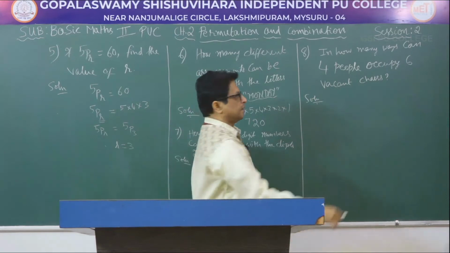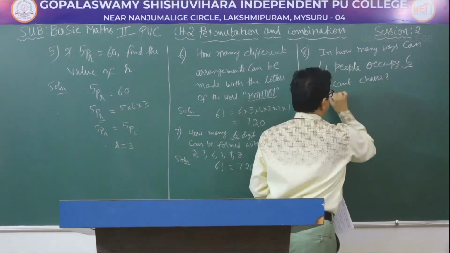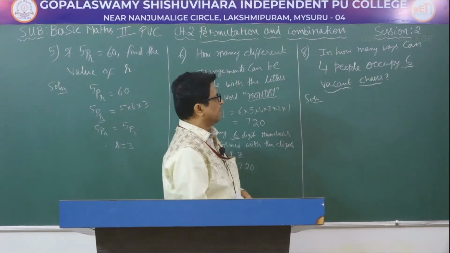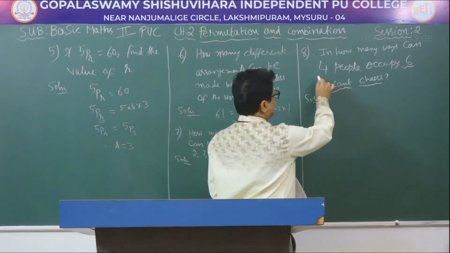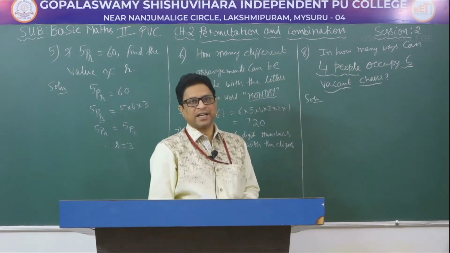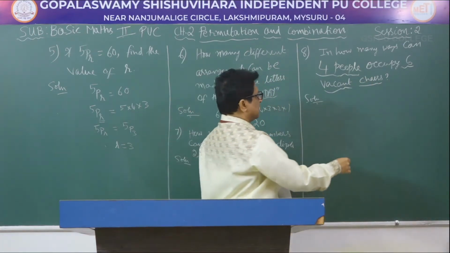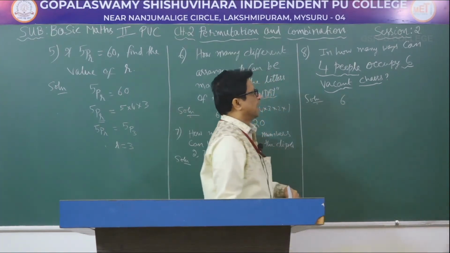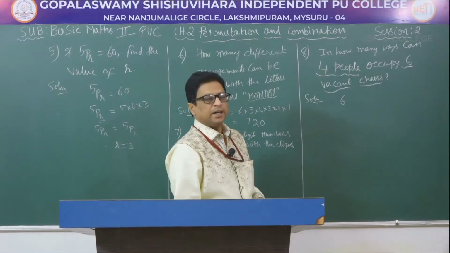If you observe here, there are 6 vacant chairs. So, we have to place 4 people in 6 vacant chairs. Therefore, the number of vacant chairs is 6 and how many people are there? 4.